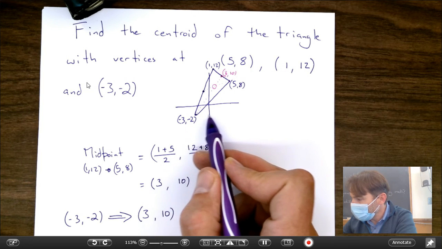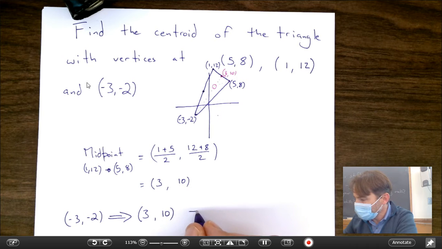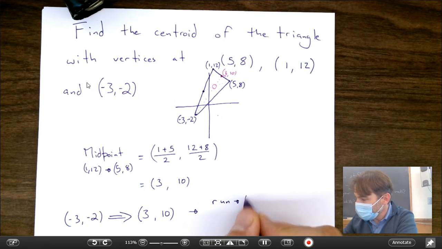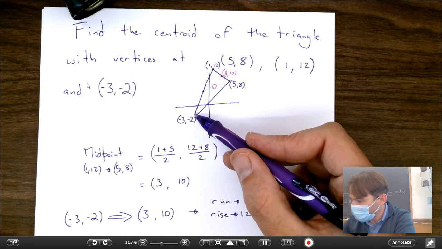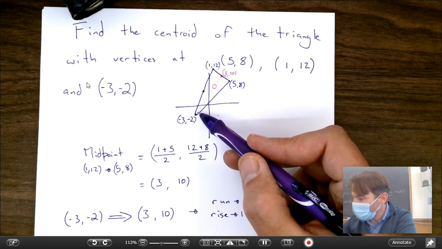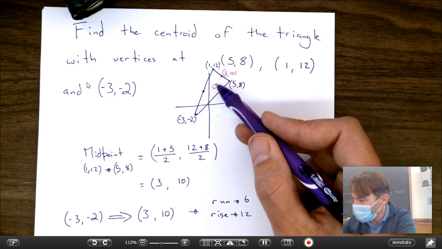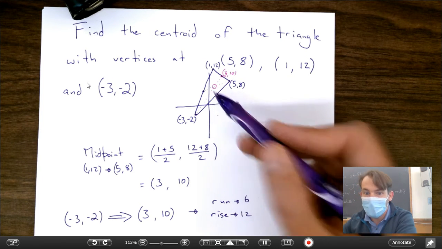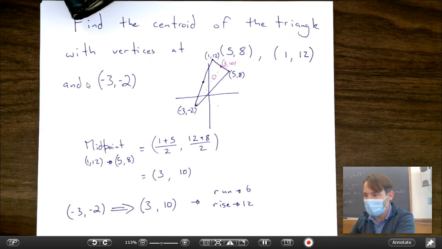Well, I ran 6, and I rose 12. This is a run of 6 and a rise of 12. And that's just another way of thinking about the trip from there to there. If I go 2/3 towards this point, or I come 1/3 that length from this point, then I will find the centroid. It's a cool property of centroids that makes them a little easier to find.